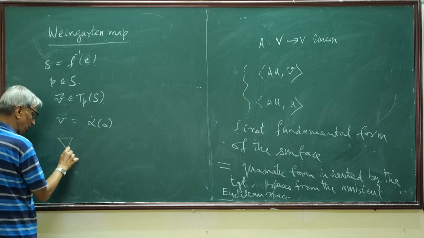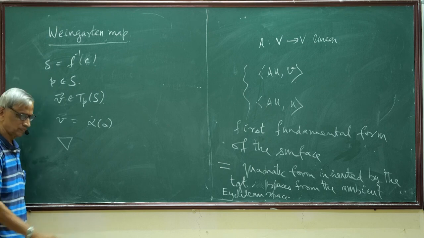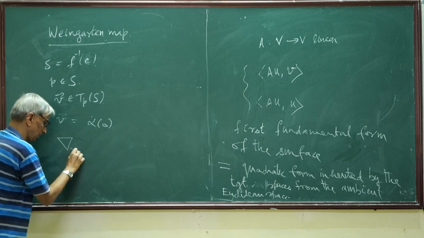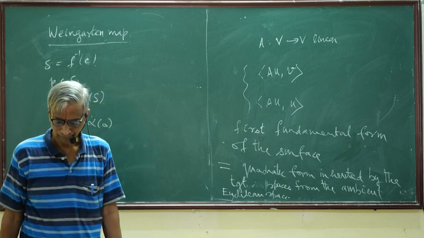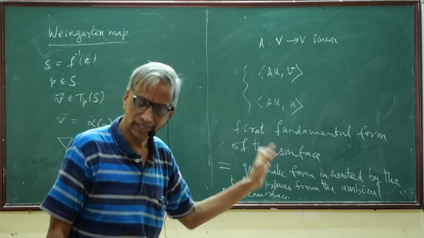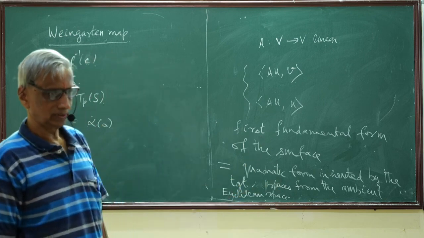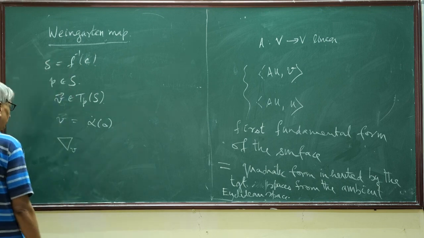Now we are going to define a new kind of derivative. This can be done for all vector fields, but we are going to look at it only for the orientation vector field, the normalized normal vector field, that is, the unit normal vector field.